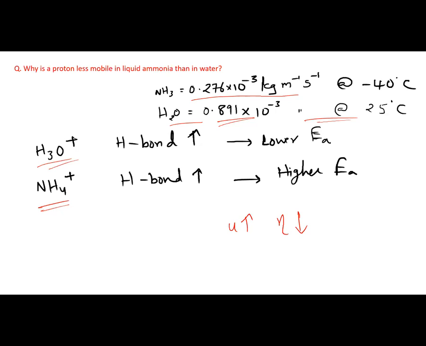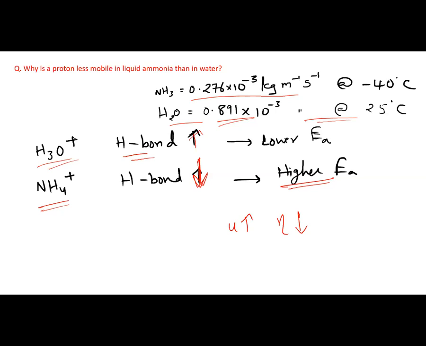So in the case of water, the hydrogen bond strength is very high, which means there is a lower activation energy for the molecules to rearrange themselves. Whereas if you compare it with the hydrogen bond in ammonia, they are weaker, and hence it might require a higher activation energy to induce the structural rearrangement.